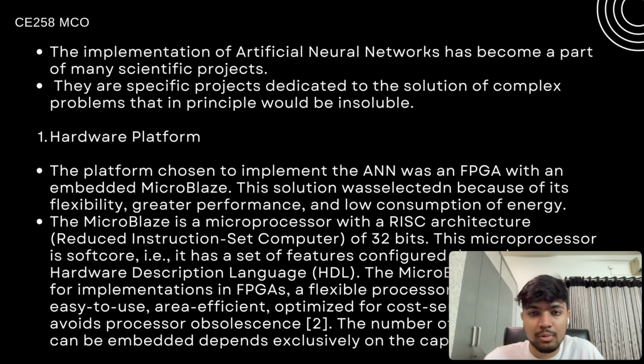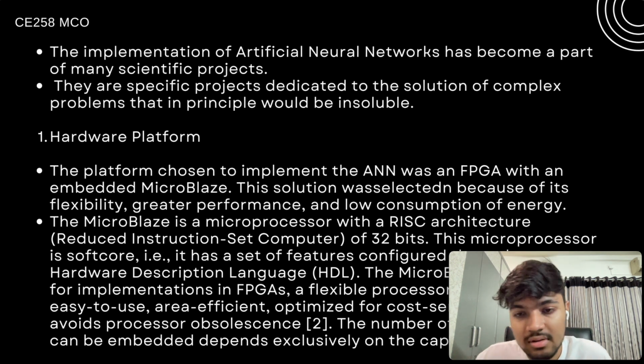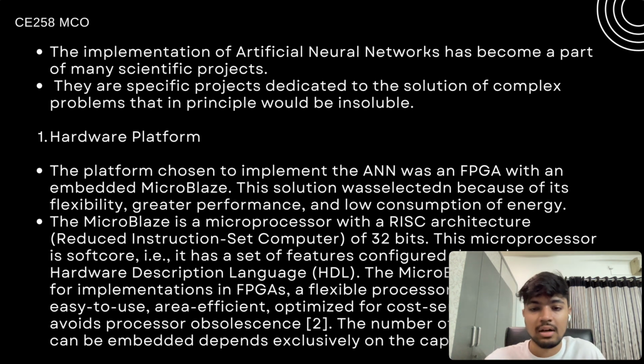And to add more to that, it works on the RISC architecture, which is the reduced instruction set computer, so that we can feed great inputs and get many outputs on even a low hardware compatibility. This microprocessor is soft core, which is it only has a set of features configured with the hardware description language, which is the language used.